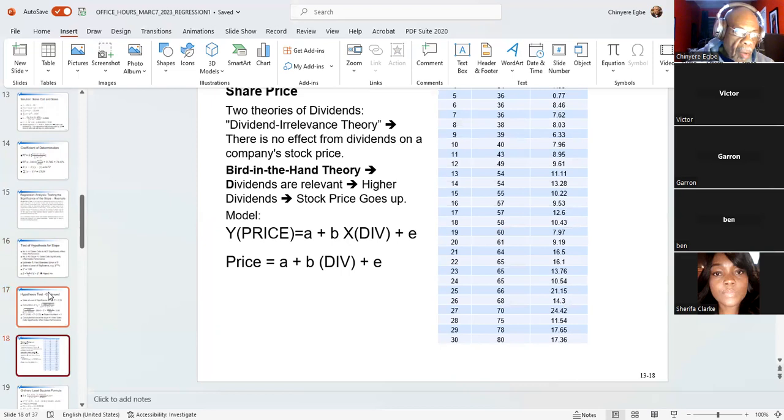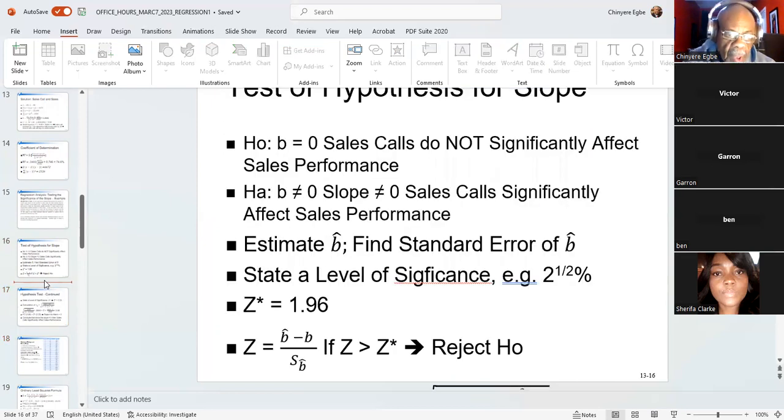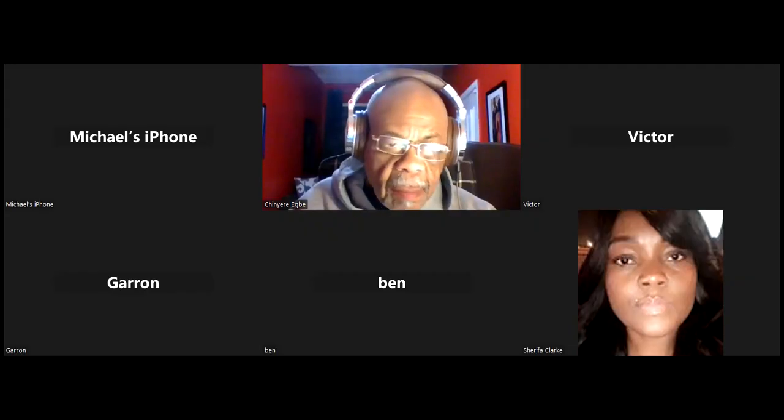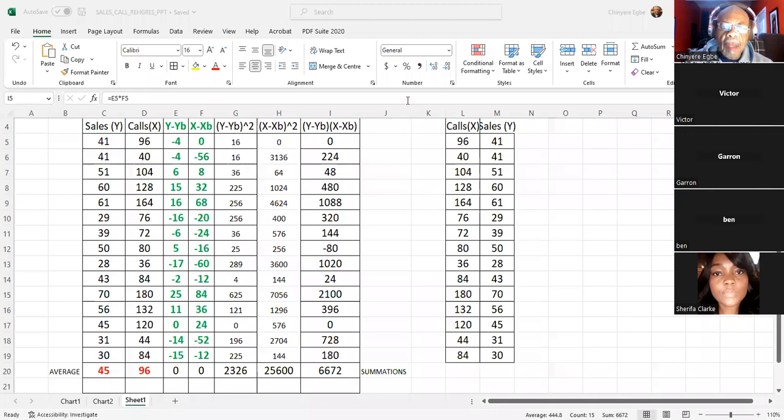Before we proceed, I'm going to stop this share and share something else, the sales regression file.